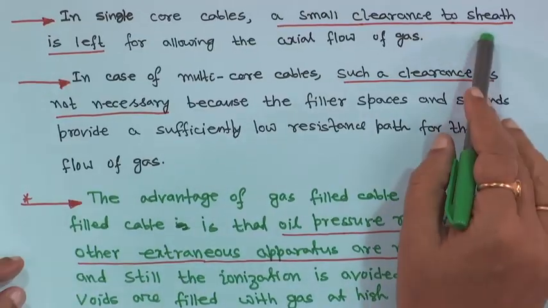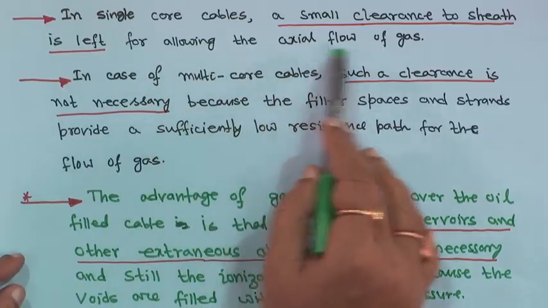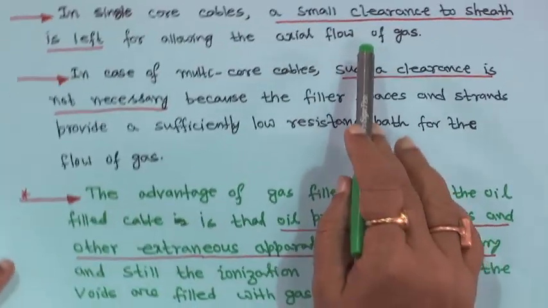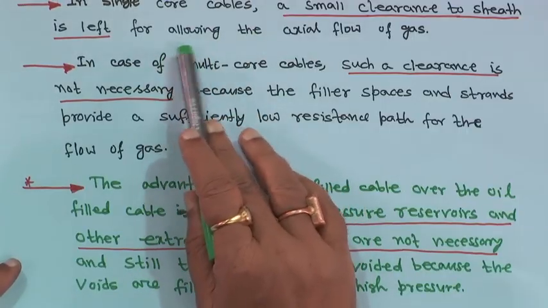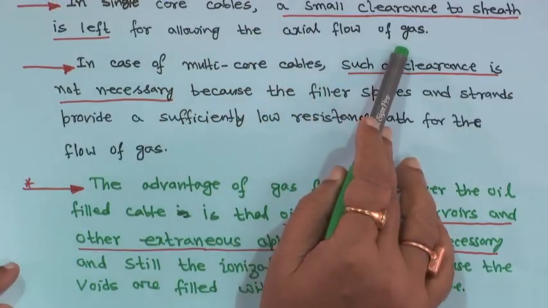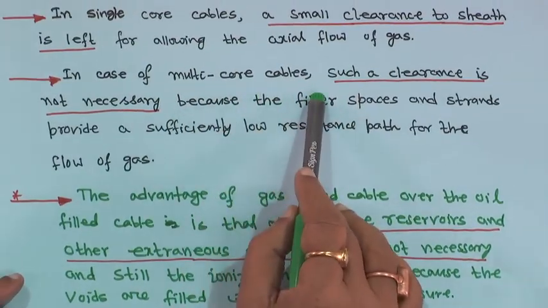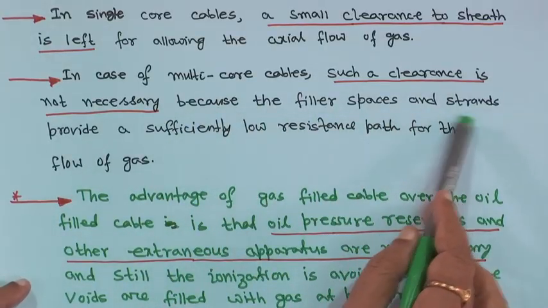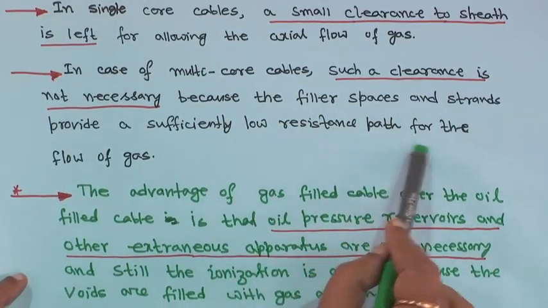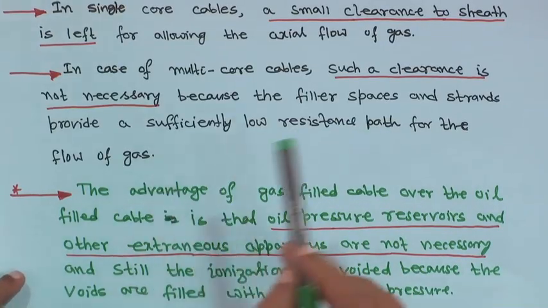In single core cables a small clearance to the sheath is left for allowing the axial flow of gas. In case of multi-core cables, such a clearance is not necessary because the filler spaces and strands provide a sufficiently low resistance path for the flow of gas.